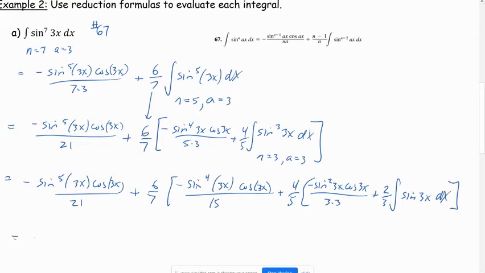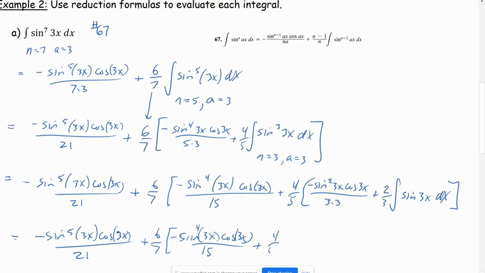And so finally now we have an answer. So the antiderivative of sine is negative cosine 3x over 3.